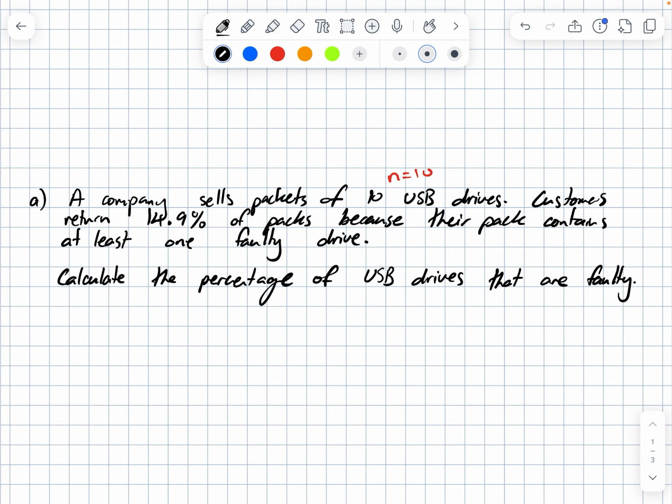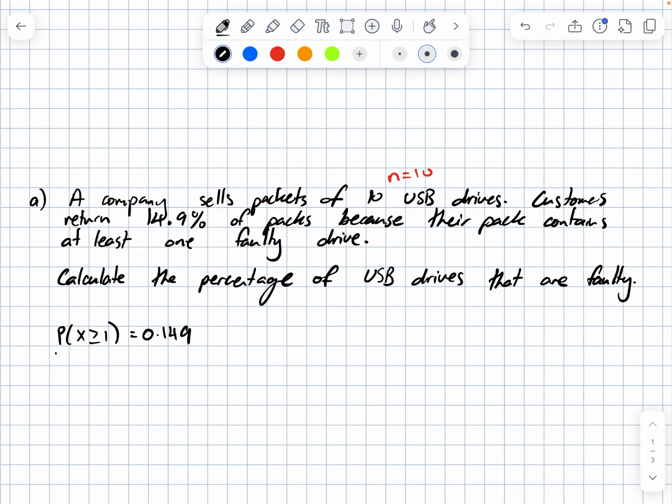In this question, 14.9% of packs are returned because their pack contains at least one faulty drive. When it says at least, we don't know what that means. It could be 1, 2, 3. And so that's going to be the probability that x is greater than or equal to 1 equals 0.149. That's the only thing it can be, just because we don't know what at least 1 means.